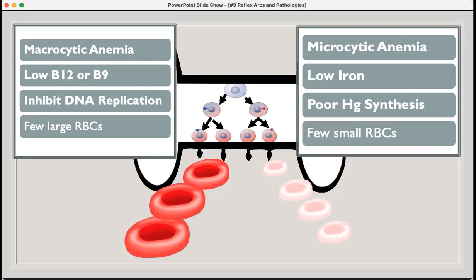DNA replication is inhibited, so you end up with these large red blood cells with B12 or B9 deficiency. And on the other side is the microcytic anemia, when there's low iron, poor hemoglobin synthesis, and you get these anemic looking few small red blood cells with iron deficiency.